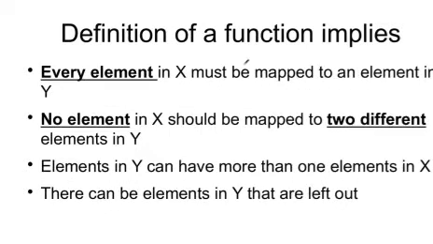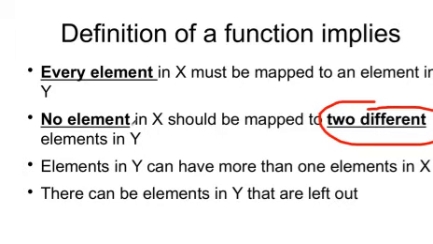Okay, so the definition of function implies every element in X must be mapped to an element in Y. You know that no element X should be mapped to two different elements in Y. This is called uniqueness, right?